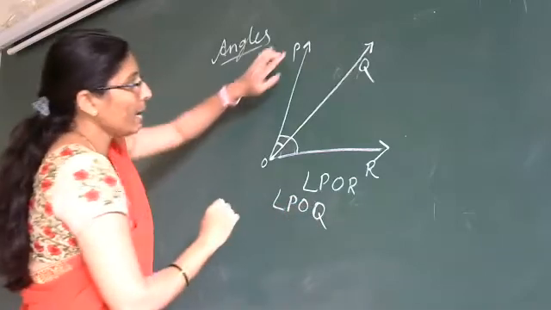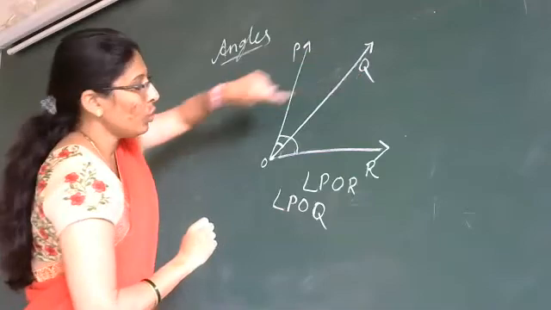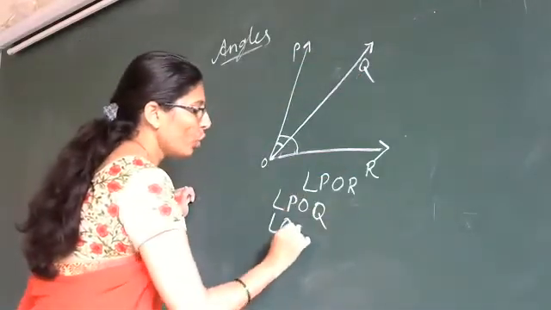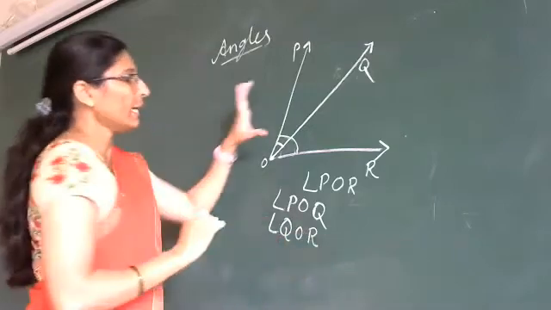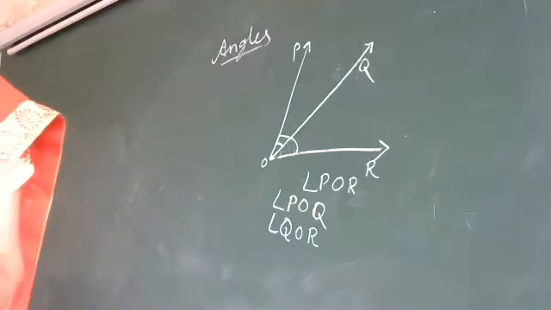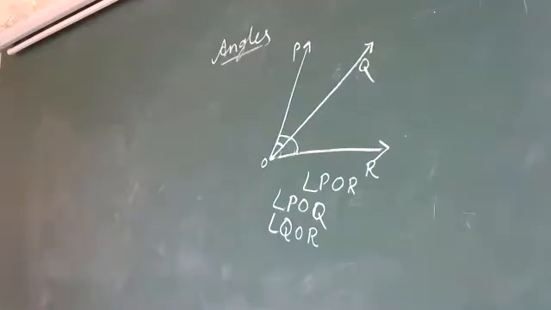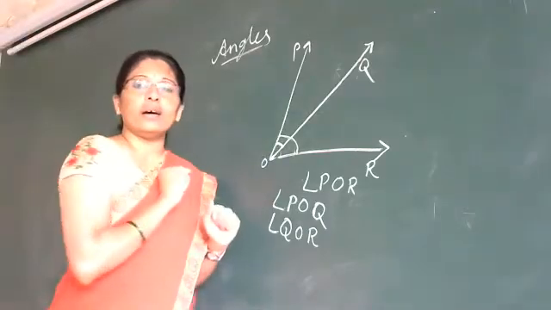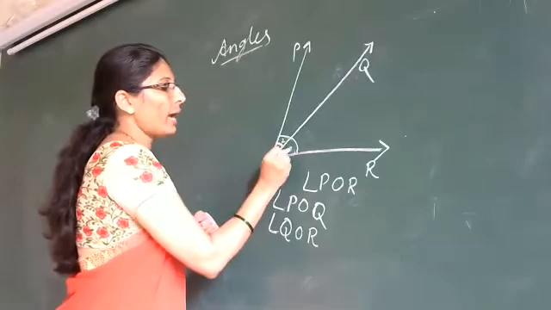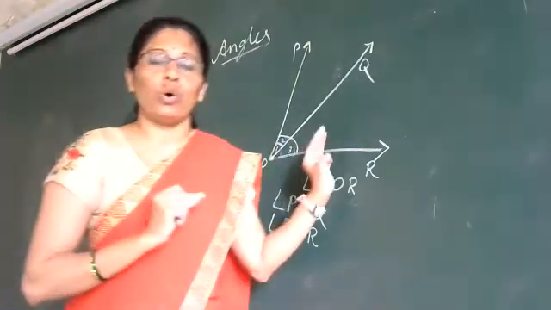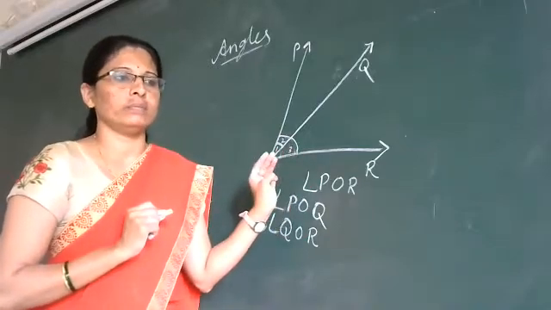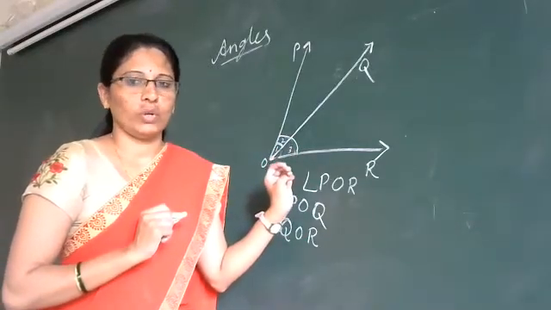And one more angle, QOR. So like that we can get different angles. Yes. So here if you write the numbers, we are getting angle 1, angle 2 and angle 3. So here we are getting three angles.